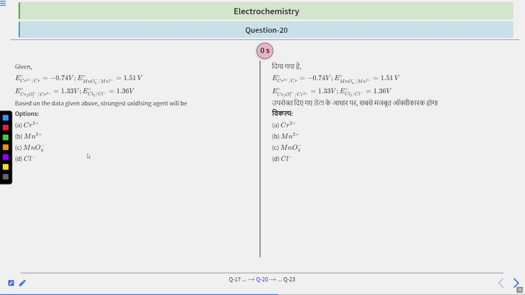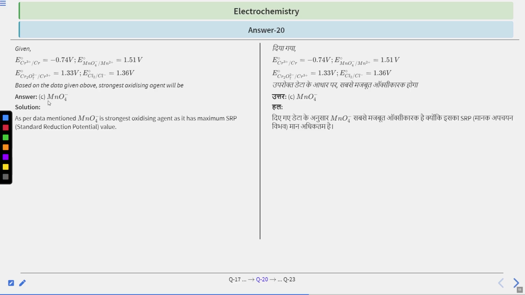Okay, let's see the correct answer. So it is MnO4 negative. As per the data mentioned in the question here, MnO4 negative is the strongest oxidizing agent as it has the maximum SRP, standard reduction potential value. So it will be reversed, right? If you have the highest reduction potential value, the reducing power will be lowest, but the oxidizing power will be strongest, right?